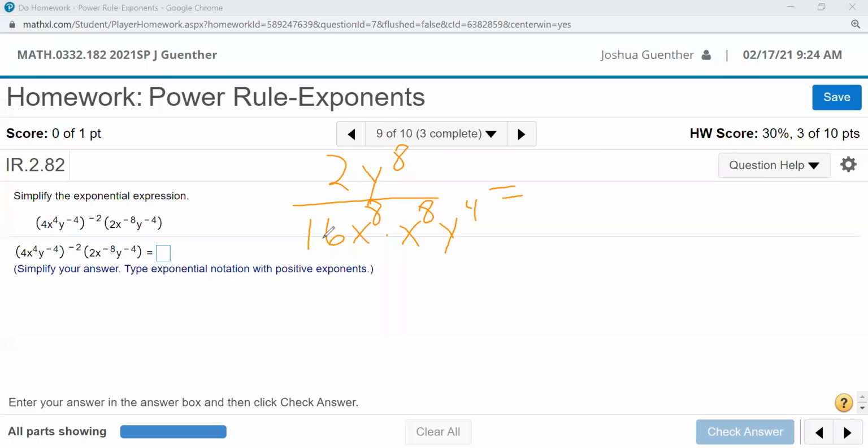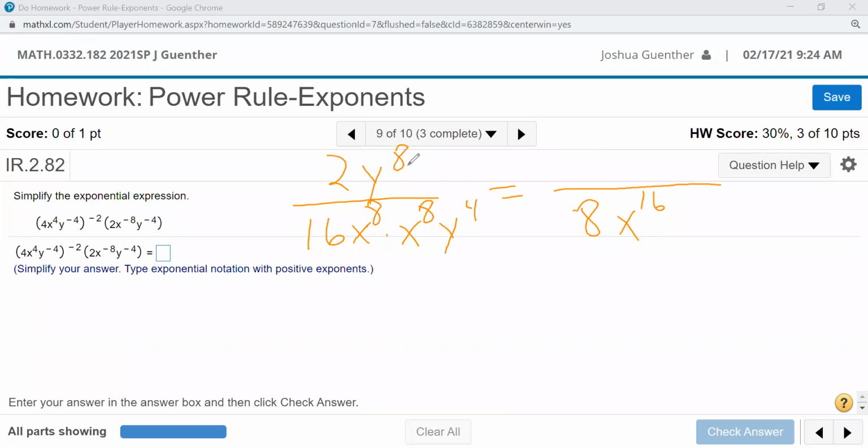First, we have 2 and then 16 on bottom. That can become 1/8 basically. And the 1 won't even be necessary because there's already something on top. Next up, x to the 8th times x to the 8th, using the power or the product rule, that would become x to the 8 plus 8 power. That'll become x to the 16th power.